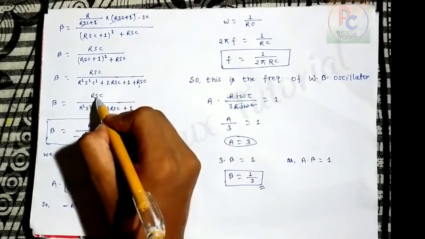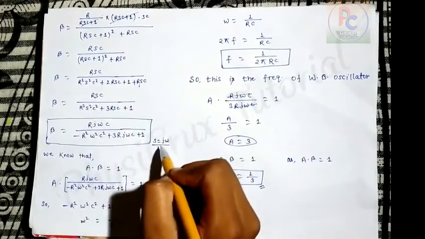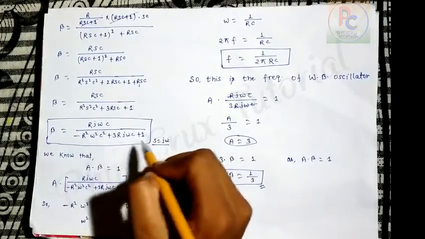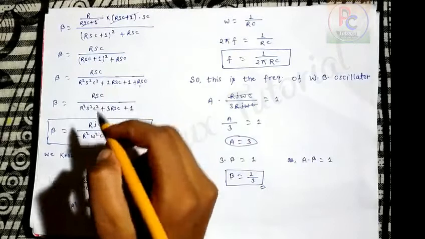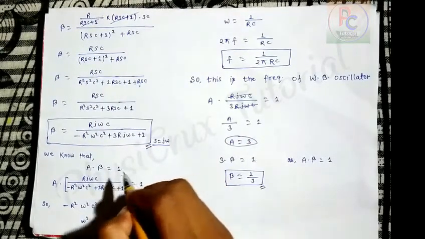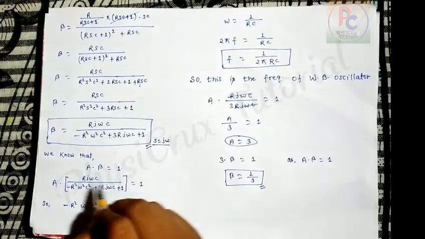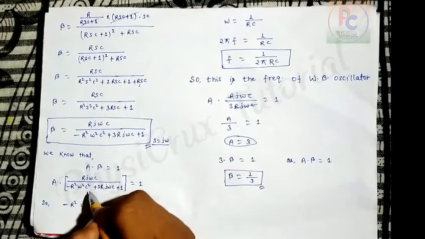Here we have put the value of S, that is j omega. So this is the value of beta, and we know that A into beta is equal to 1 for the sustained oscillation. So here we put the value of beta.